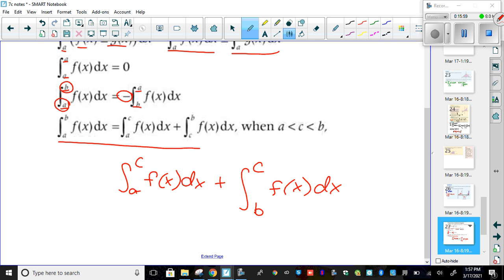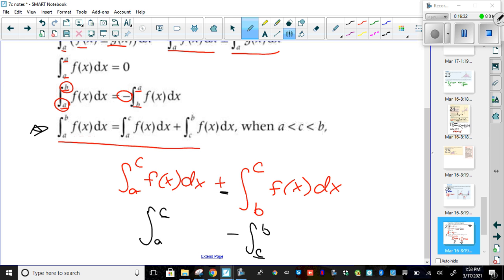So what we would end up having to do is we have to rewrite this second one as from C to B so that this one went from A to C and then it starts back up at C. They have to connect when we're adding or subtracting them. But if I have to change this orientation of my B and C, that sign instead of positive will become a negative or a minus sign. Okay, so that's what this last one is, and this we use a lot. So you're going to see this quite a bit in our problems.